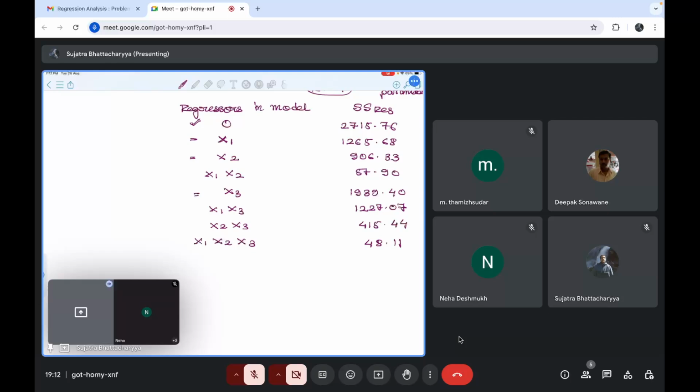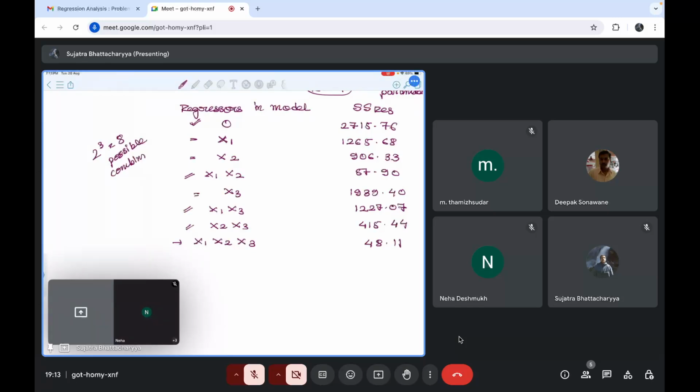Next, 3C2 is your two-regressor combinations, which is also 3. And finally, 3C3, which is 1, where all regressors are present. So 2 to the power 3, 8 possible combinations, are given.